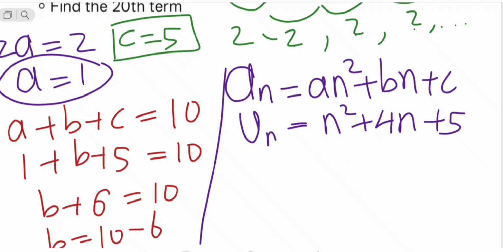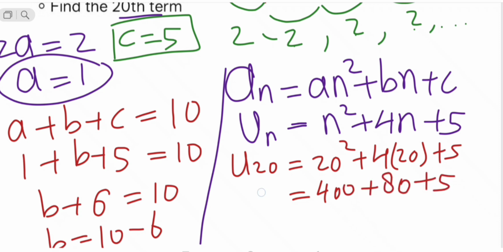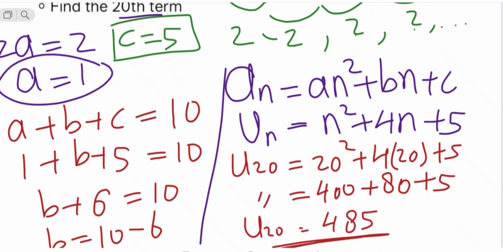Now they are asking you to find the 20th term. So replace n with 20: u20 equals 20 square plus 4 into 20 plus 5. 20 square is 400, plus 80, plus 5. So the 20th term, when we add, is 485. This is our answer.